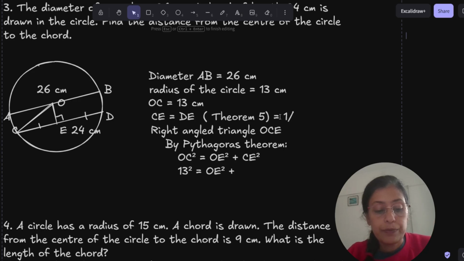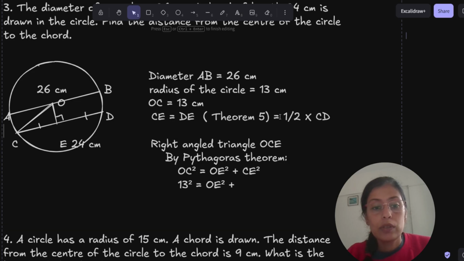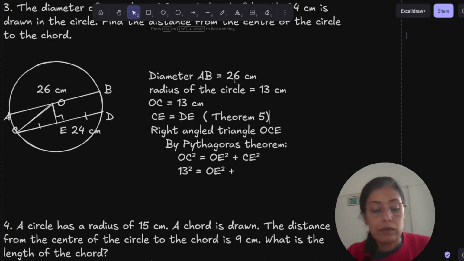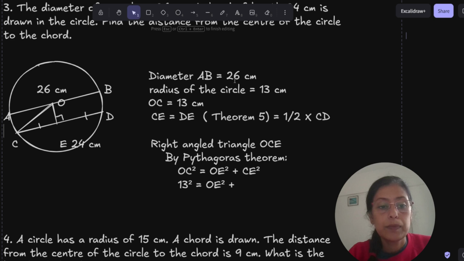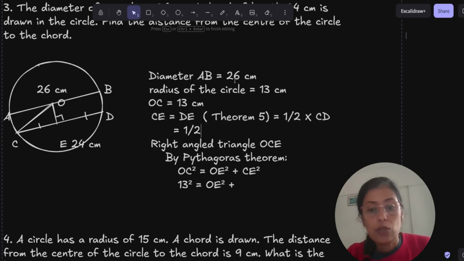half of CD. So each of them will be equal to half of CD. The length of CD is 24 centimeter, so this is going to be half of 24, or 12 centimeter.